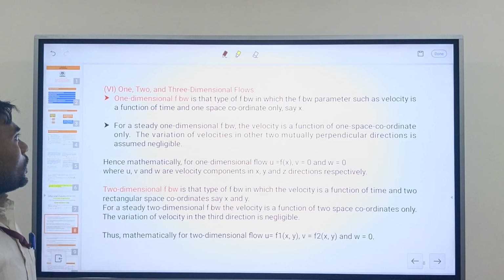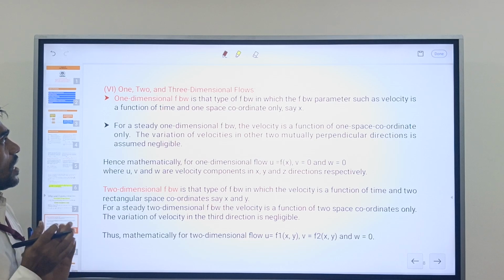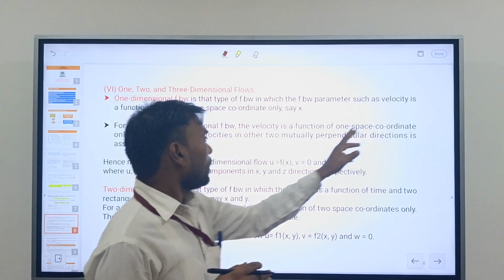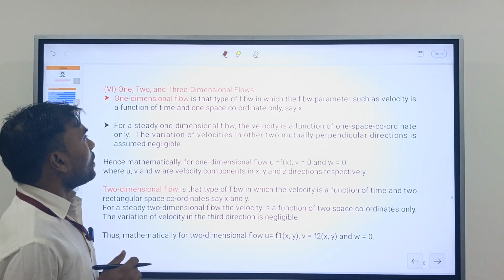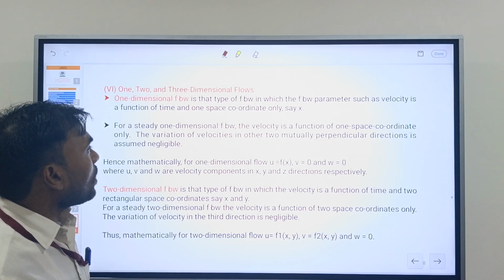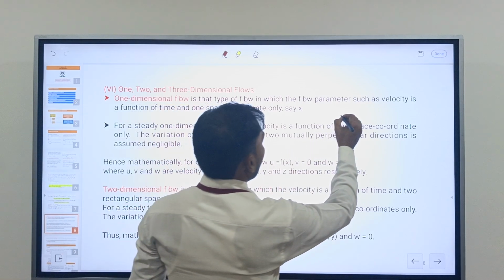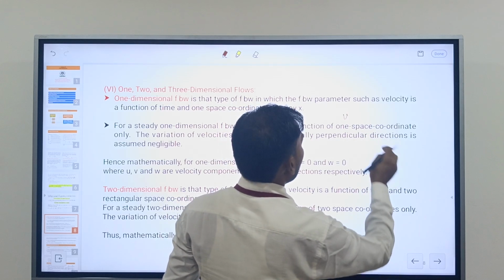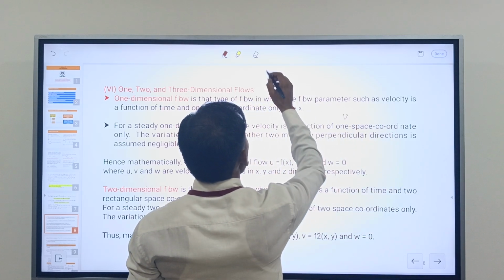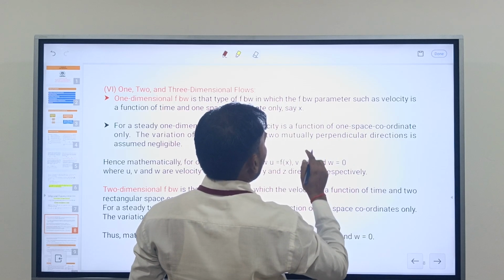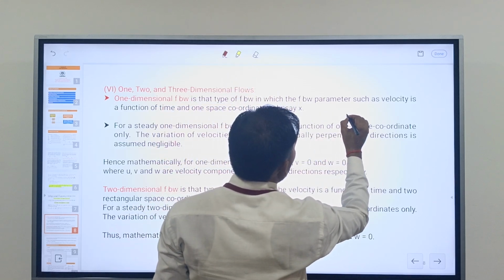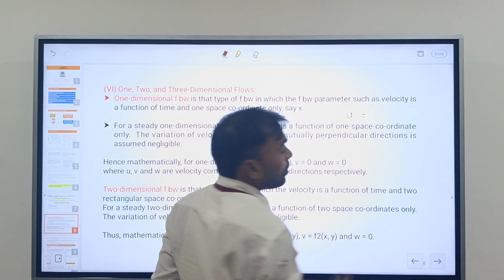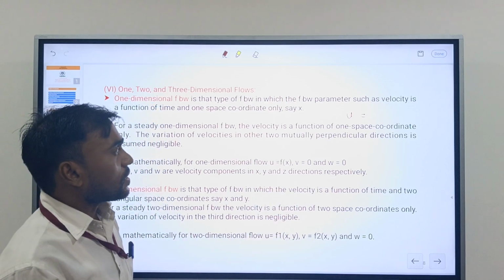For example, suppose u is the velocity in a particular direction.